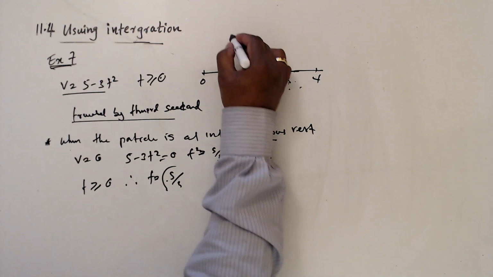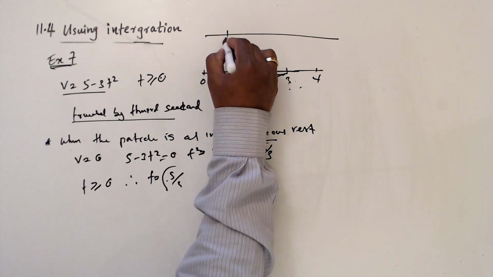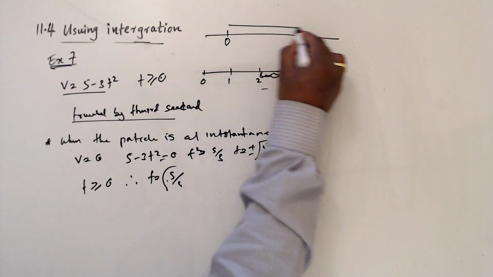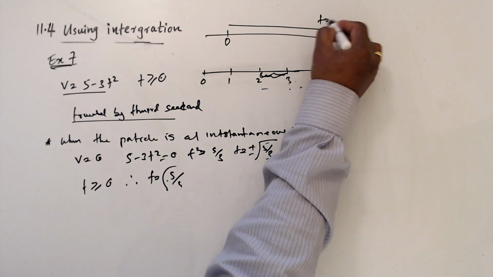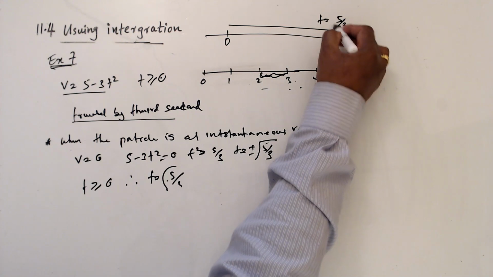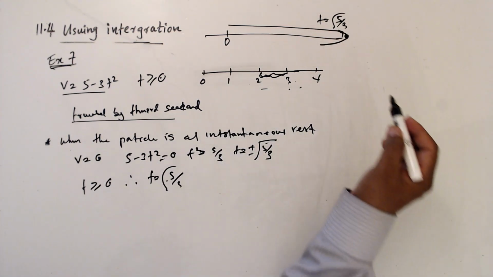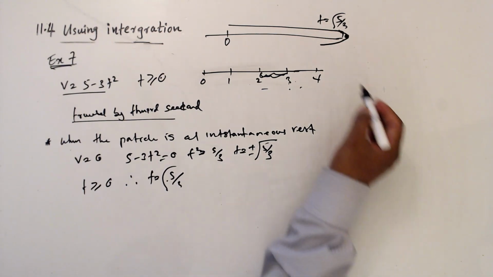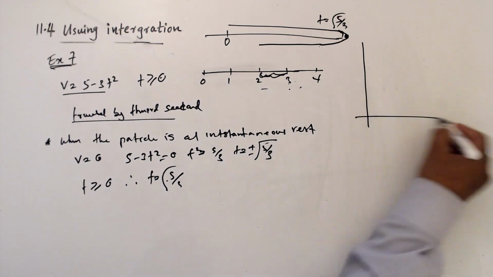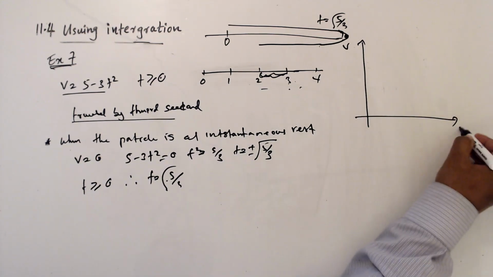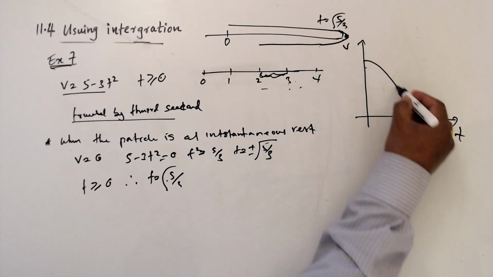It means this particle, assume it is traveling in a straight line. Yes, it is traveling in a straight line, and the particle goes up to here. When t equals square root of 5 over 3, it is turning from this point. You can see in the graph of v and t that the drawn graph is something like this.